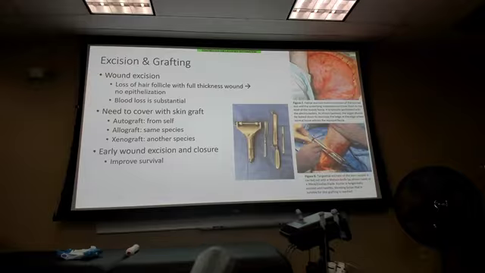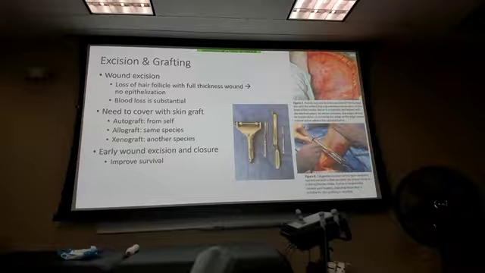We'll go through that in a minute. If we use allograft, it's from the same species, maybe like cadaver skin. It still has an epithelialized layer. It is used commonly, but it depends on how much they have.